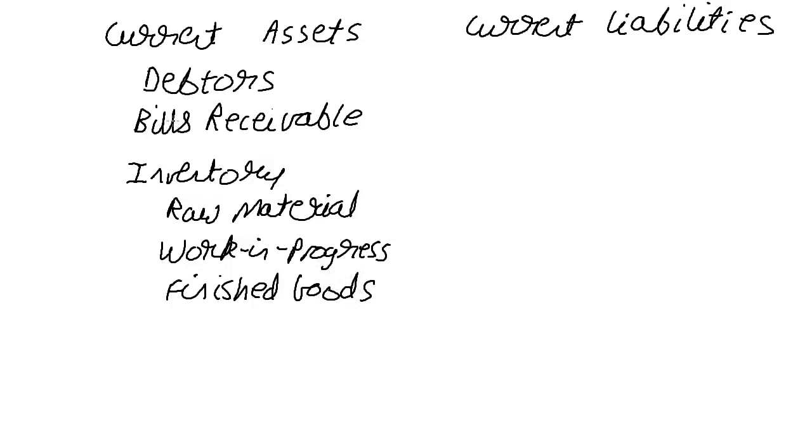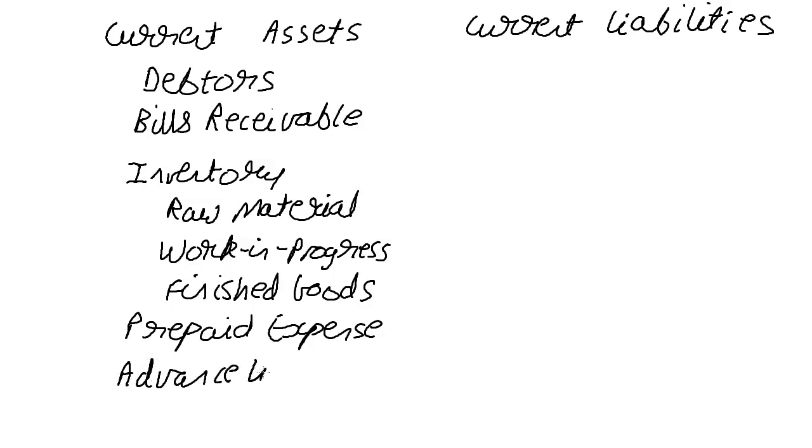Then you have debtors, bills receivable, and inventory. Think of any prepaid expense. Any expense paid in advance is of value to you until you are done using it. You can also give an advance to your supplier until he gives you your money back, or normally gives you your supply. It is a current asset.